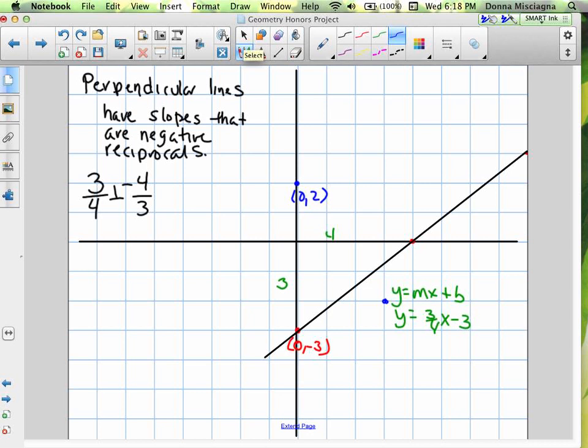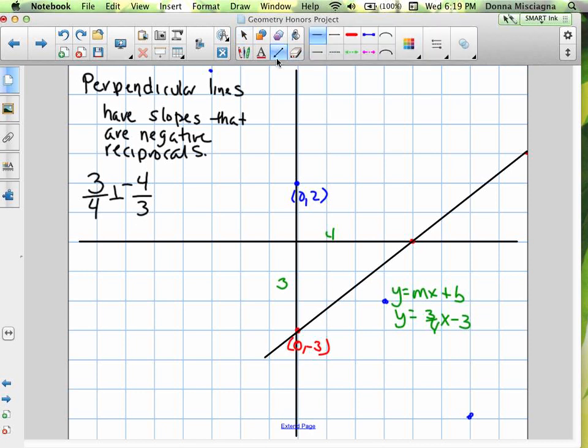I can barely do that again. Oops, that went in the wrong spot. There we go. I don't think I can get that last point there, so we'll have to forget about that point.